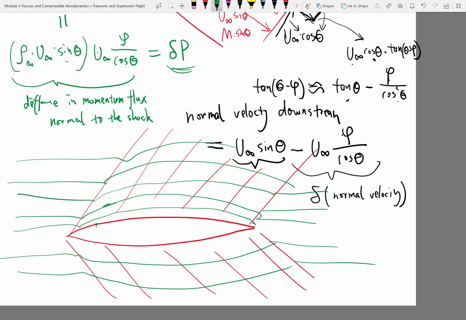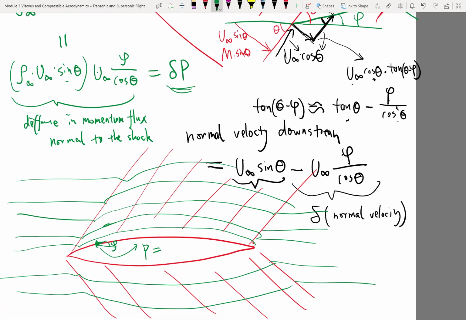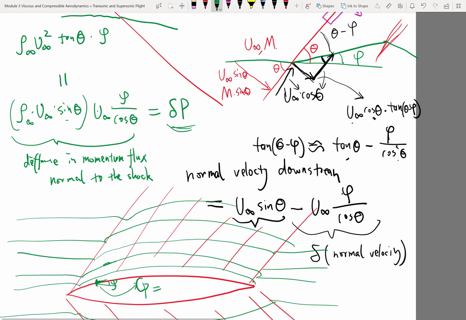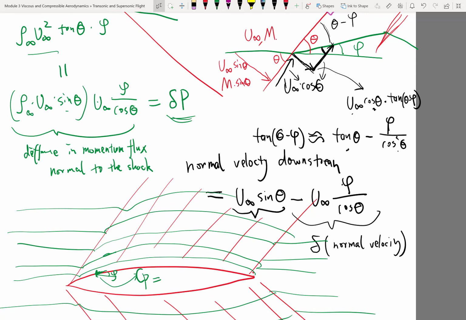So if I know this point has an angle of phi, I know the pressure at this point is going to be exactly, actually, let me just say Cp, because this rho infinity u infinity squared, if you multiply by half, is the non-dimensionalization coefficient for Cp. So that's exactly equal to 2 times tangent theta.